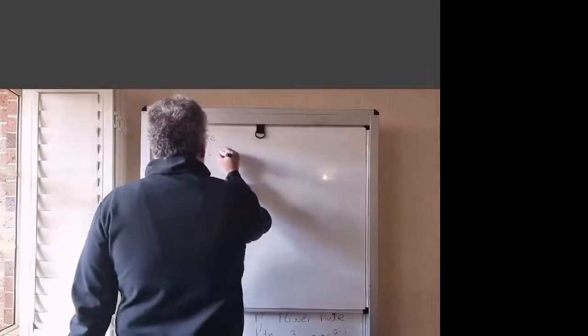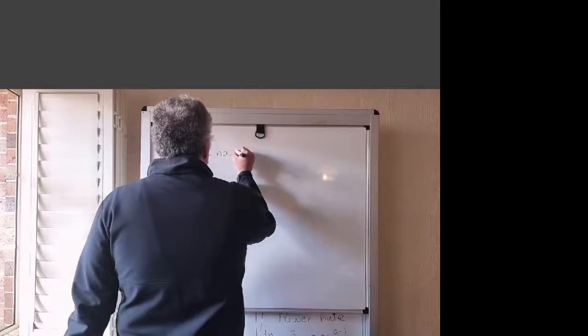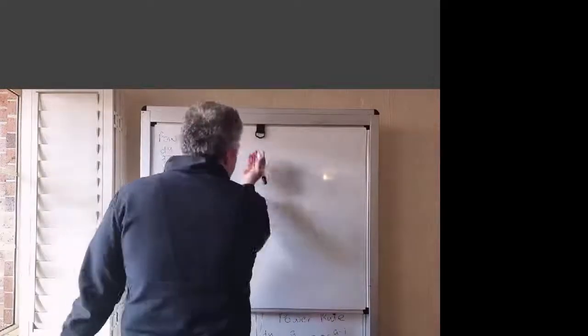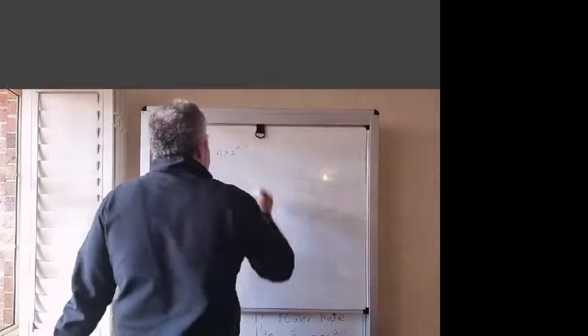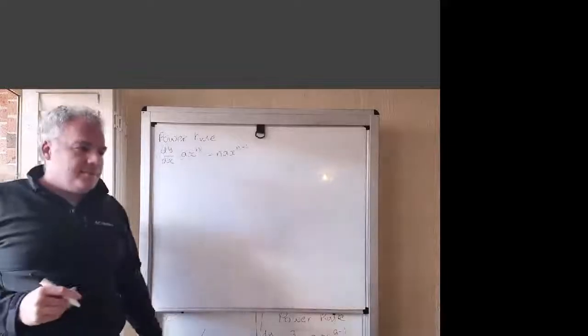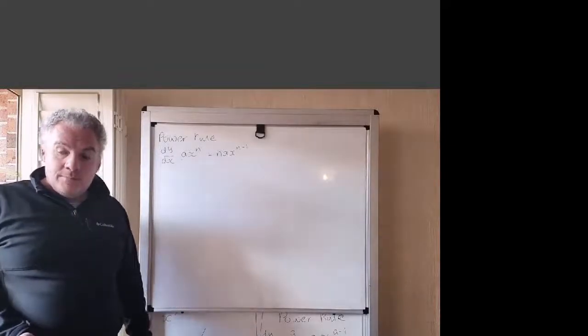So we have nax, we still have our x, because that's the thing that we've got in our equation, and it's to the n minus 1. Okay, now that's the power rule.